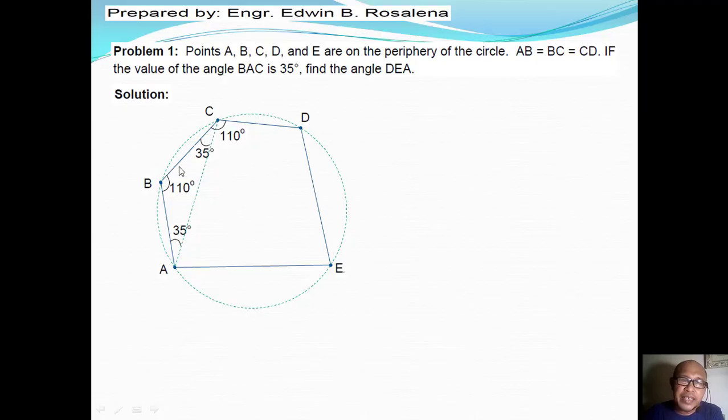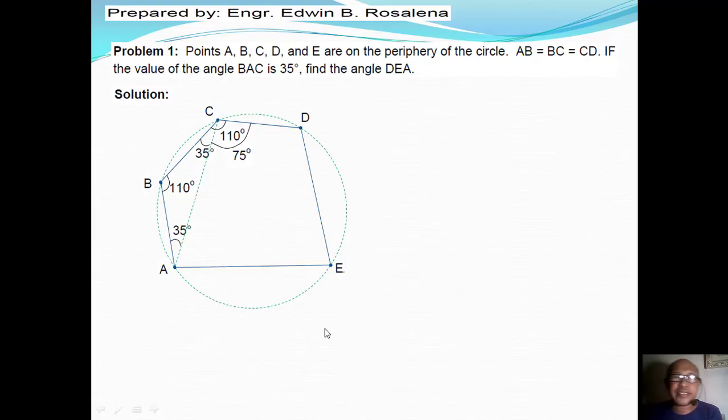So AB and BC equal, BC and CD equal. So this is also 110 here. Okay. So if the angle at C is 110 and then this angle here is 35, I can solve for this angle here. So 110 minus 35, this is 75.